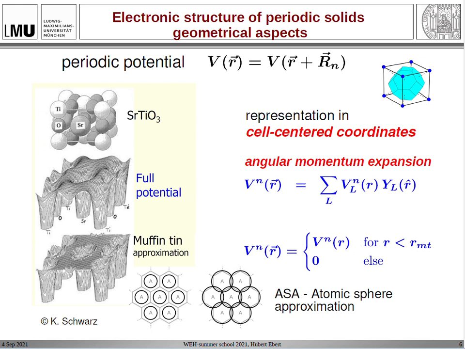And the reason is getting clear. One of the features of this self-centered description is that it makes sense to do an angular momentum expansion for the potential, as you see it here. So this is a radial function only for given L and M, and a spherical harmonic, real or complex, whatever you prefer, and then you can describe the full potential in a solid.